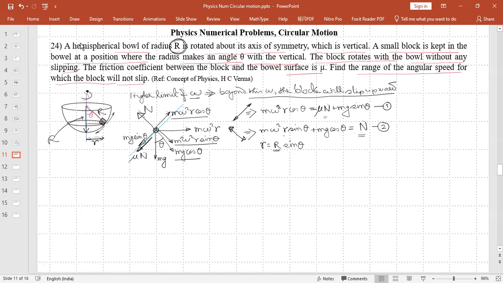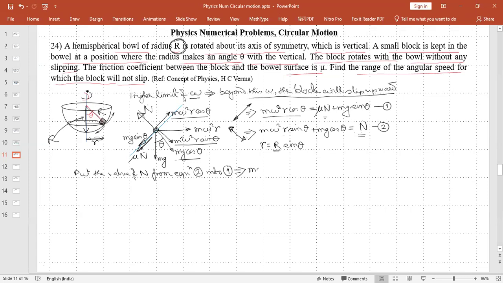So, put the value of n from equation 1. We'll find that equation 2 says this n, in equation 1 says m omega square r cos theta.